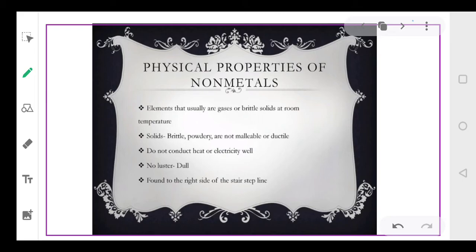Non-metals are generally solids, they are brittle, they may be powdery, and they are non-malleable and non-ductile, means we cannot form sheets or wire out of them, and they do not conduct electricity or heat. They are non-lustrous except iodine, which is lustrous in nature.